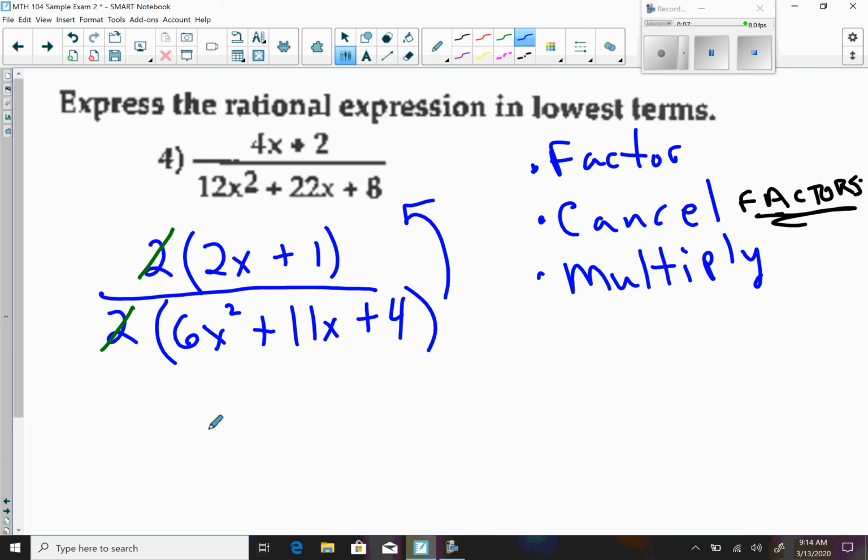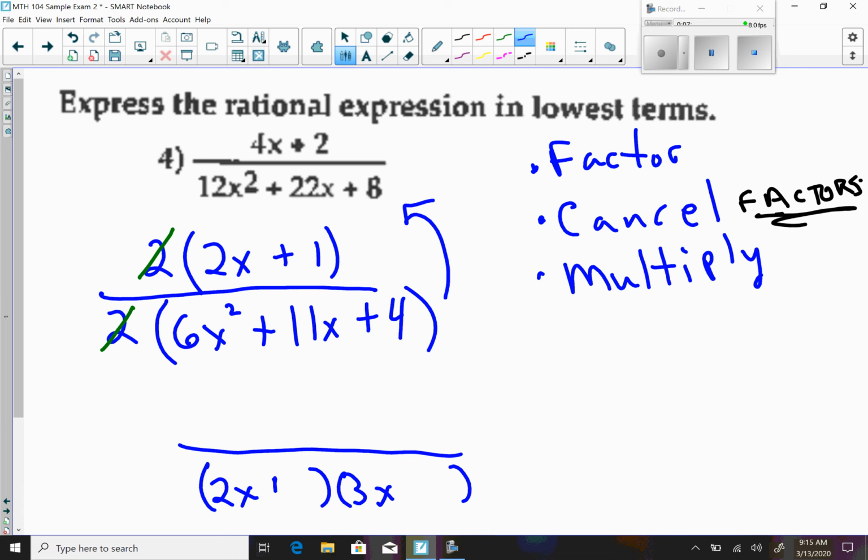And we're supposed to notice that 6x squared plus 11x plus 4 can be factored some more. 6x squared is 2x times 3x. And there's a few ways to get 4, or a couple ways, like 2 times 2, or 4 times 1, or 1 times 4.